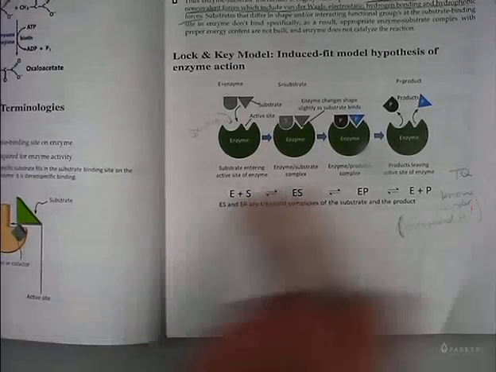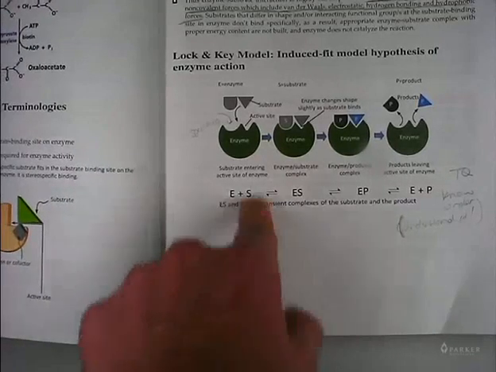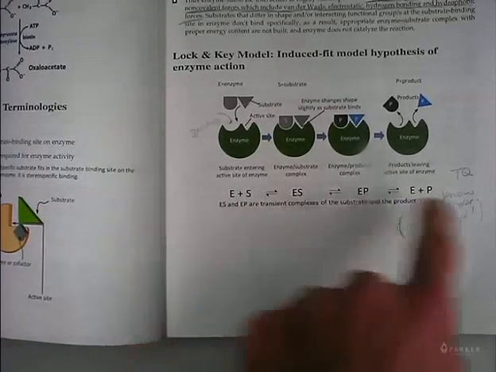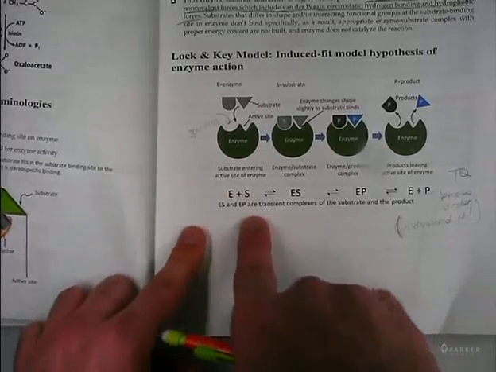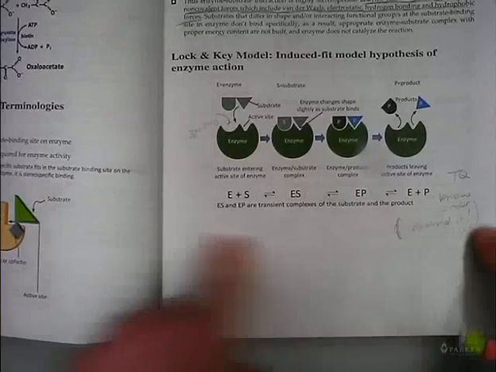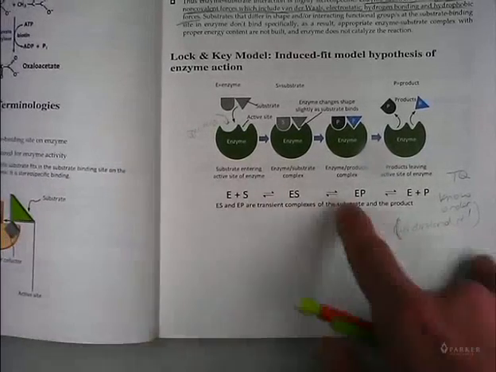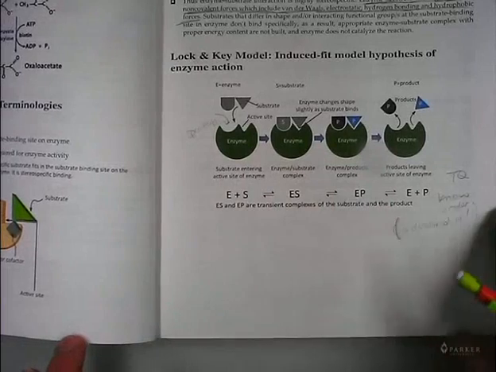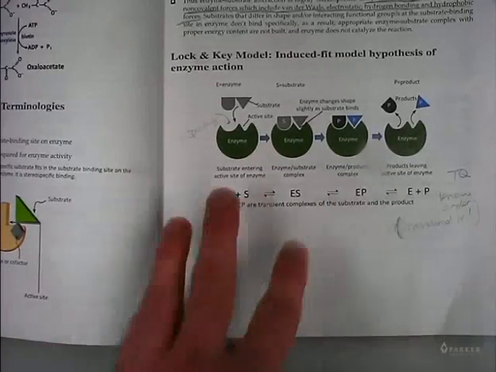We know that we're starting off with our substrates and finishing with our products. We start with our enzyme and substrate separate, and we end with our enzyme and product separate. S is where we're starting, and P kind of looks like an F, so that's where we're finishing. And they have to start separate. Good to go.